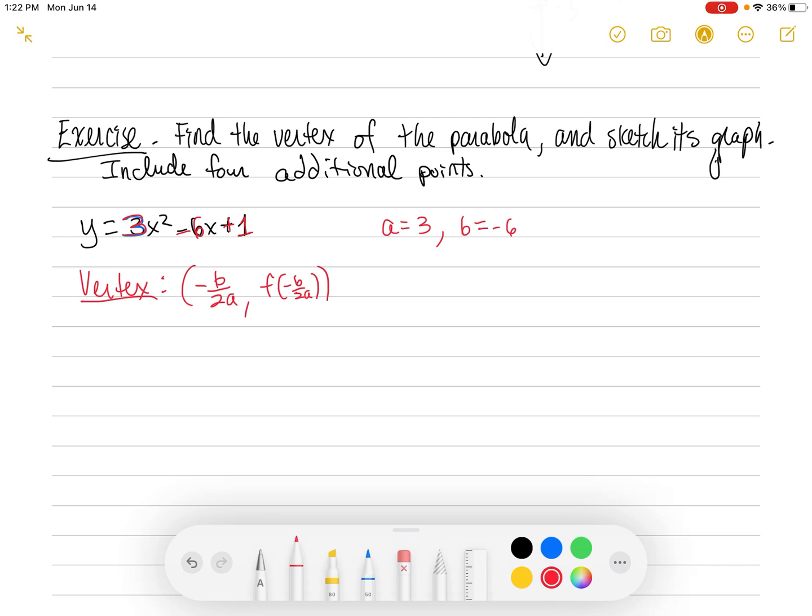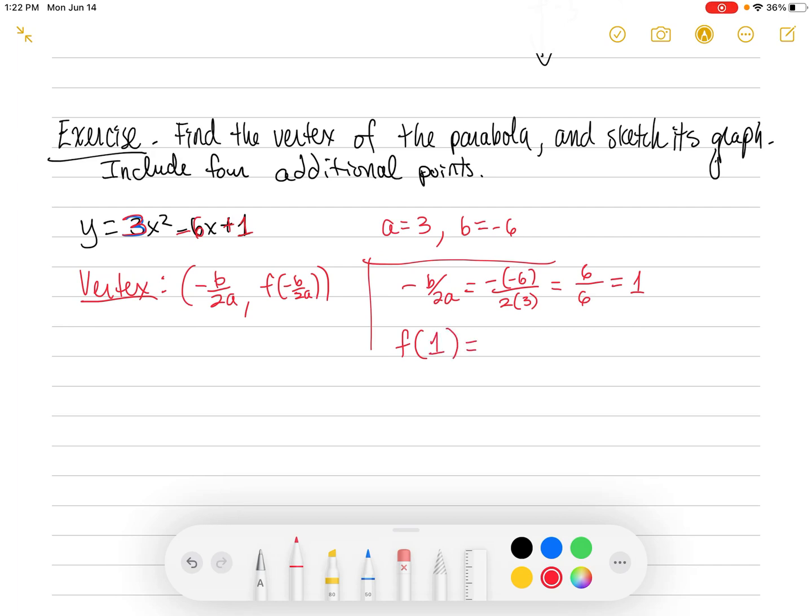You don't need c for finding the vertex. You only need a and b. Okay, so let's find minus b over 2a. That'd be minus negative 6 over 2 times 3. In other words, 6 over 2 times 3 is 6. 6 over 6 is 1.